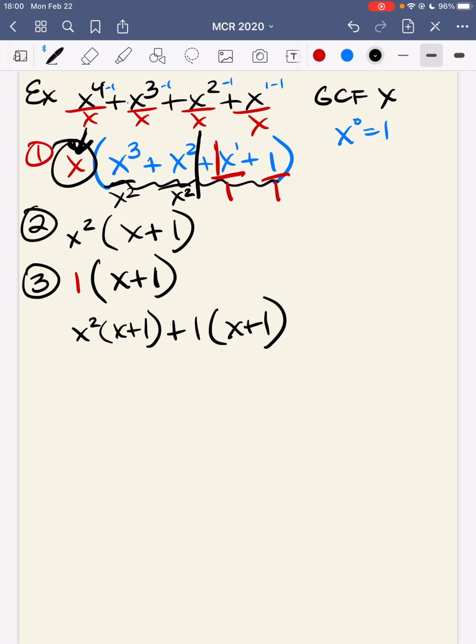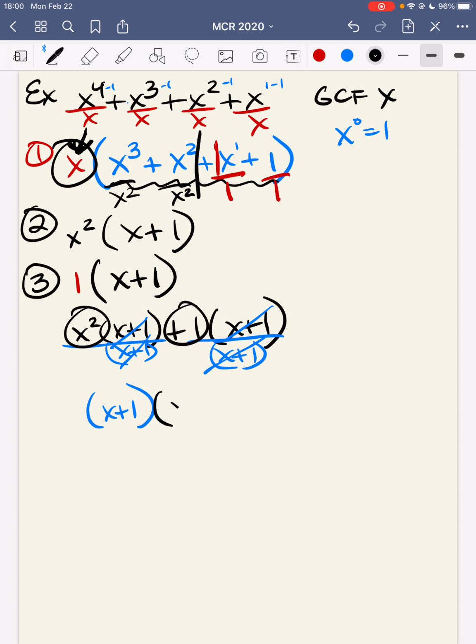Okay, we need to go ahead and pull out our binomial GCF, so divide by x plus 1. Those are all going to cancel. My x plus 1 goes out front. The leftovers go in a second set of parentheses, so x squared plus 1. And at the very end here, my x that I pulled out as my GCF needs to go out front.